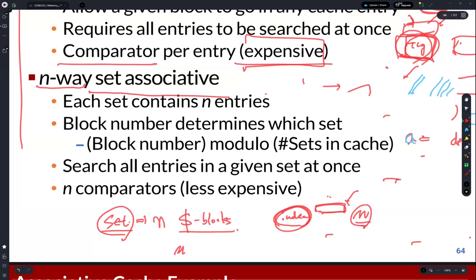This cache is called the n-way set associative cache. n determines how many blocks can be allocated in a single set. Any n-way set associative cache requires n comparators.